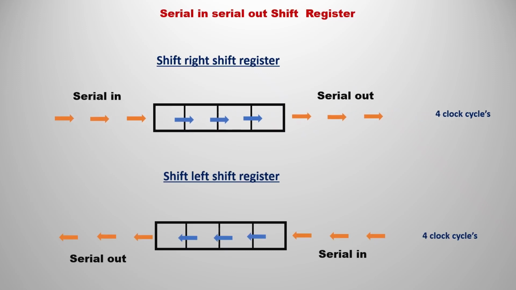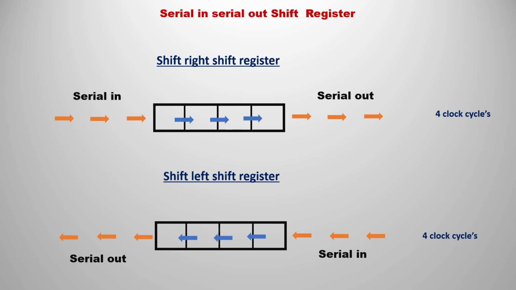Now you might have a doubt: why are we going to the right side? We can also go to the left side. Yes, it is also possible. If you are moving towards the right side, all the bits are shifting to the right. It is known as the shift right shift register. So basically this is SISO only, but in SISO we have two types: one is shift right, one is shift left. That is the shift left shift register.